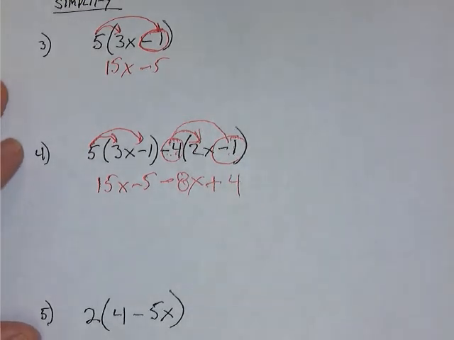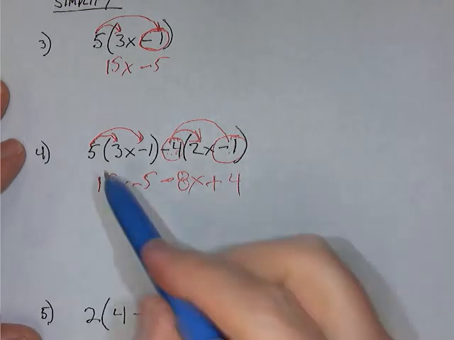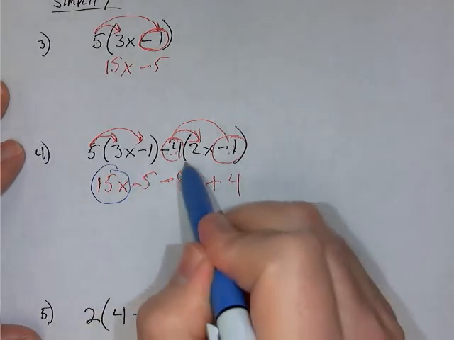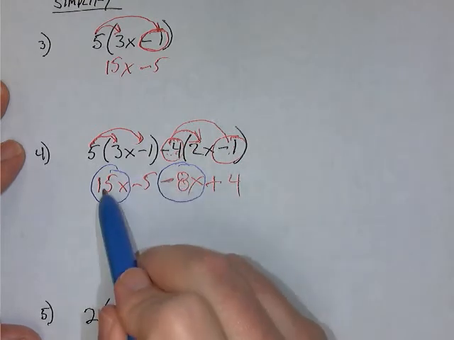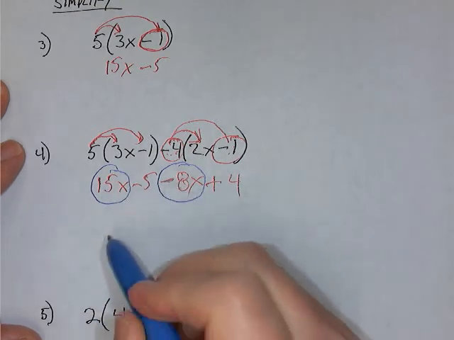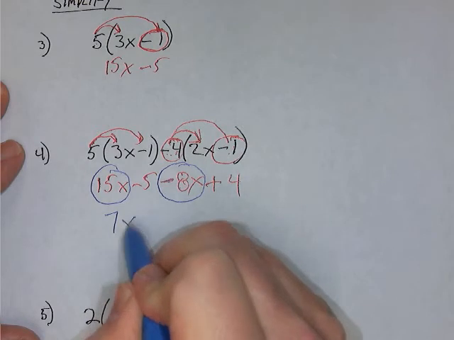All right, now we need to combine like terms. So let's put the x's together. Notice how I'm circling, that's a negative 8. Well, 15 and negative 8, that's 7x.